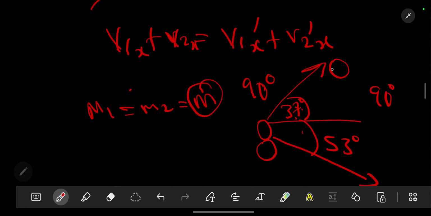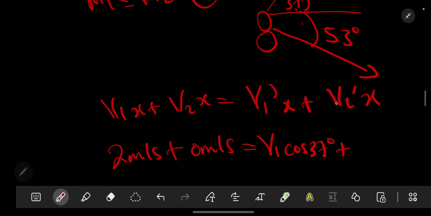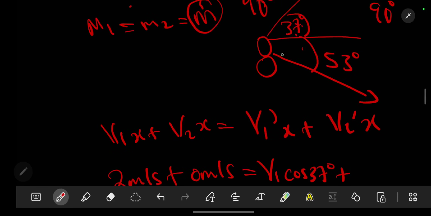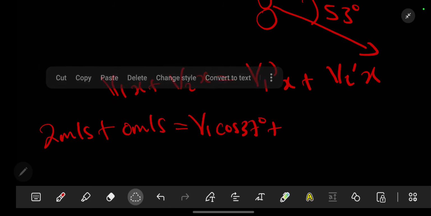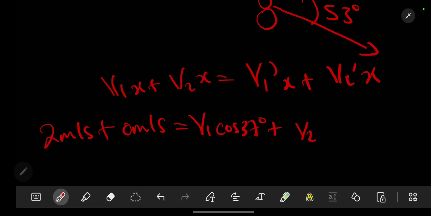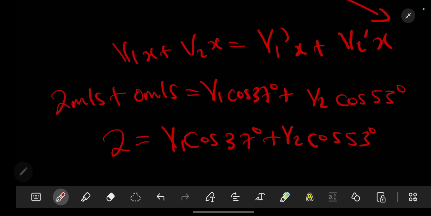Remember, m1 goes at an angle of 37 degrees, plus v2 goes down. Remember it's saying negative 53, but we don't put the negative, it means it's below the positive x-axis here. But in the calculation we are going to put it. So putting it in the calculation, we have v2 times the cosine of 53 degrees. So we have 2 should be equal to v1 cosine of 37 degrees plus v2 cosine of 53 degrees.